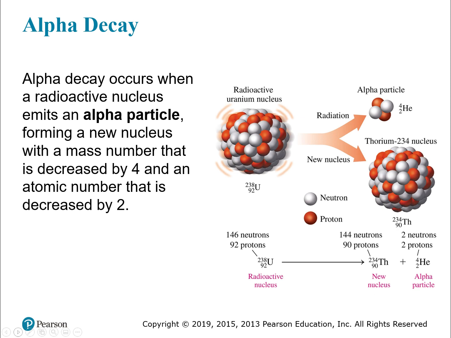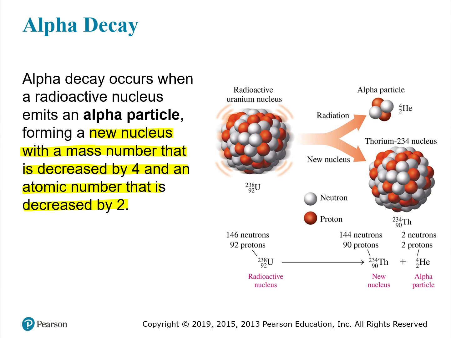We're going to talk about some different types of decay, and we'll do examples of each. So alpha decay, which we just saw on the previous slide, occurs when you emit an alpha particle from a radioactive nucleus. You form a new nucleus with a mass number that is decreased by 4 and an atomic number that is decreased by 2.